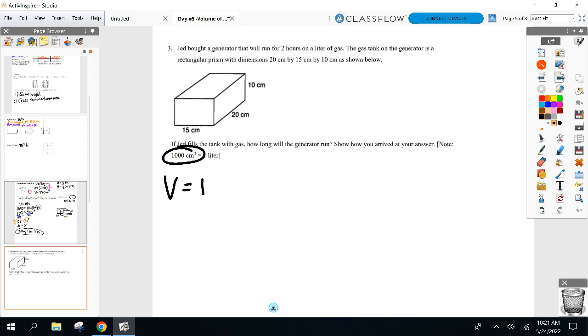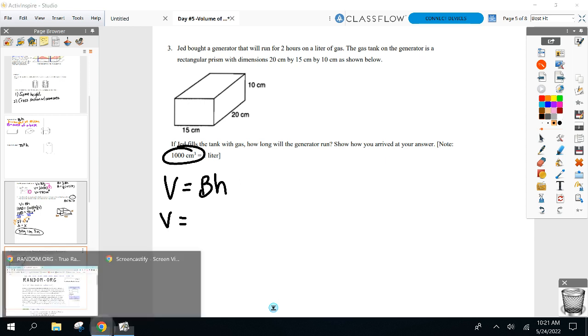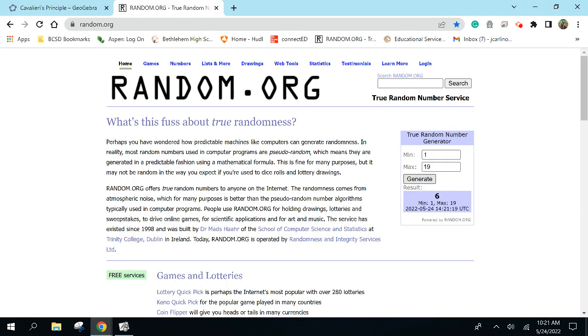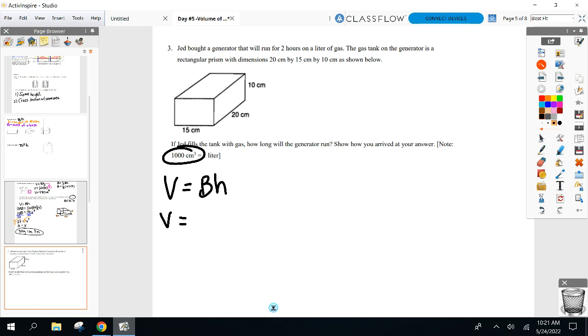All right, help me find the volume, BH, of the generator so we can do something with it. How do you find the volume of the generator? There's big B, and then multiply that by 10, the height of the prism. It doesn't really matter the order. You're going to multiply all 3 anyway.